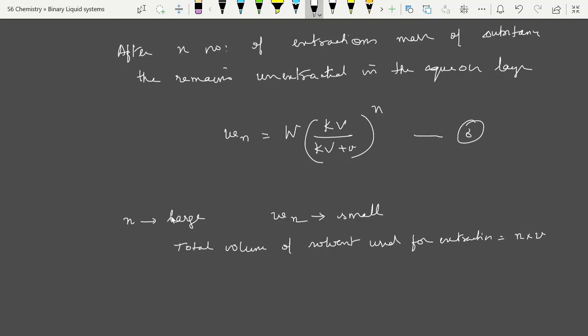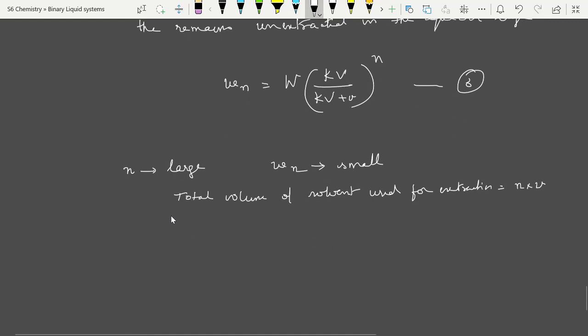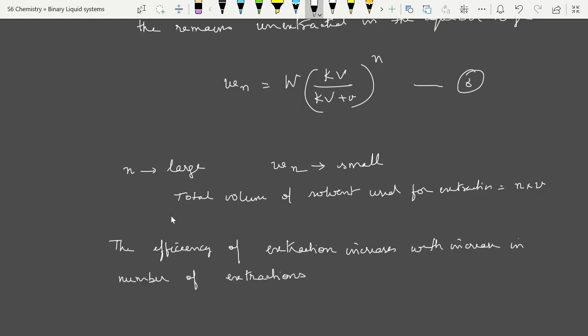Thus it is better to keep n large and v small for better extraction. To sum up, the efficiency of extraction increases with increase in the number of extractions using small volumes of the extracting liquid each time.